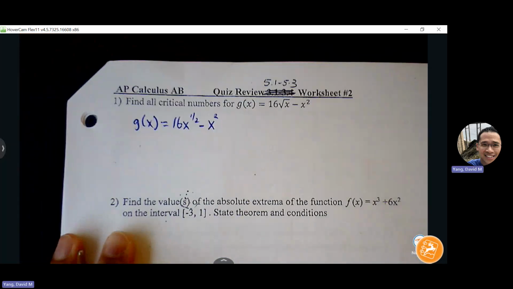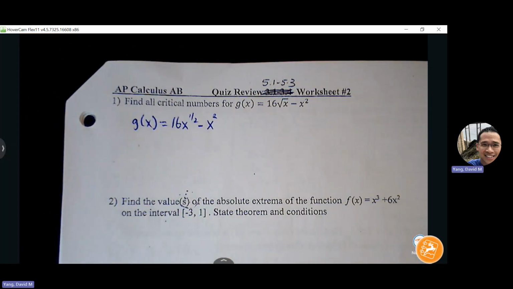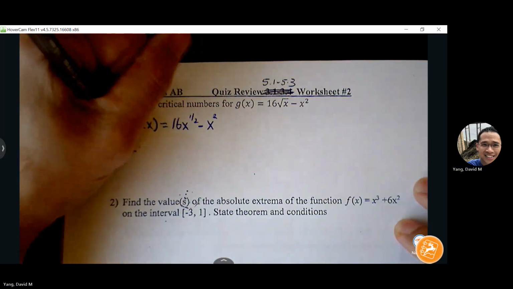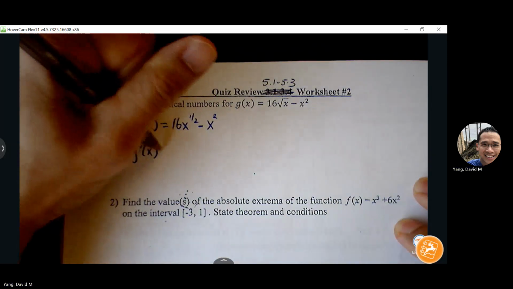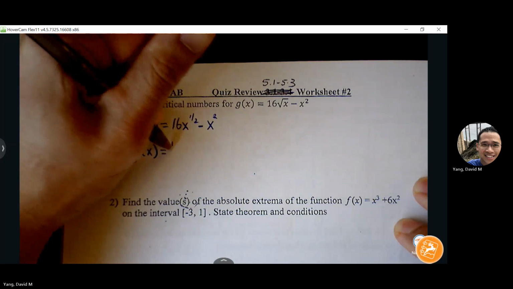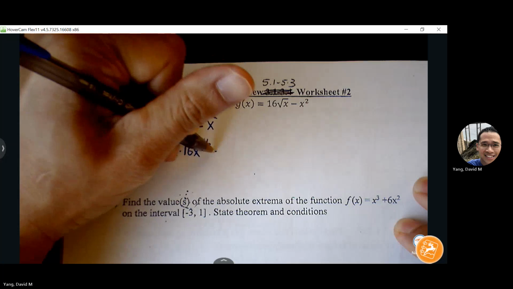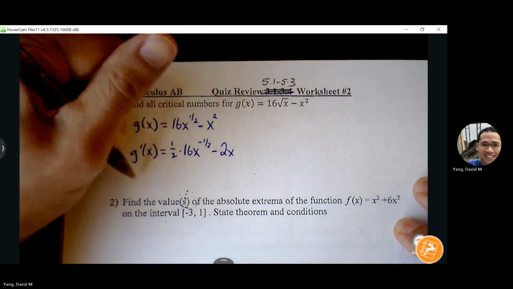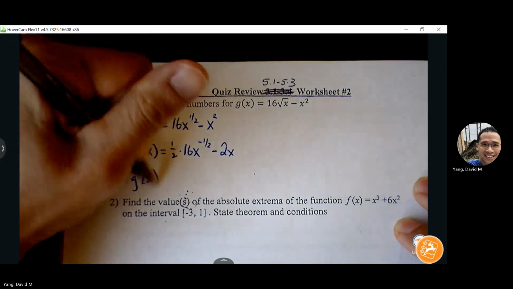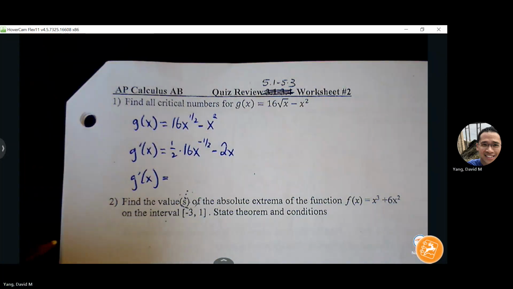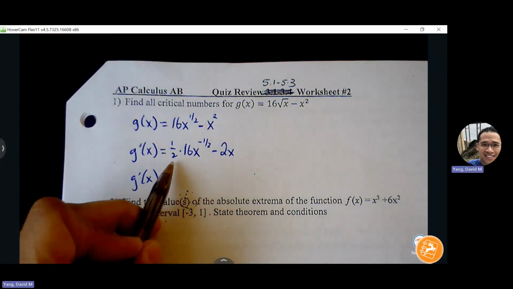Okay, I'm getting my radical term ready for power rule by converting it into a rational exponent. Do some cleanup here. 16 and 2 becomes 8.